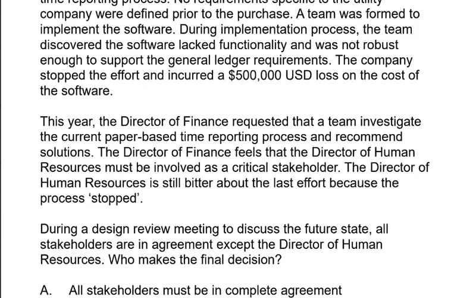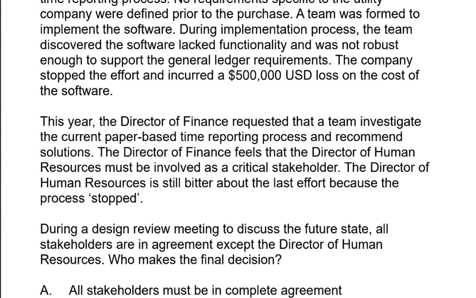This year, the Director of Finance requested that a team investigate the current paper-based time reporting process and recommend solutions. The Director of Finance feels that the Director of Human Resources must be involved as a critical stakeholder. The Director of Human Resources is still bitter about the last effort because the process stopped.